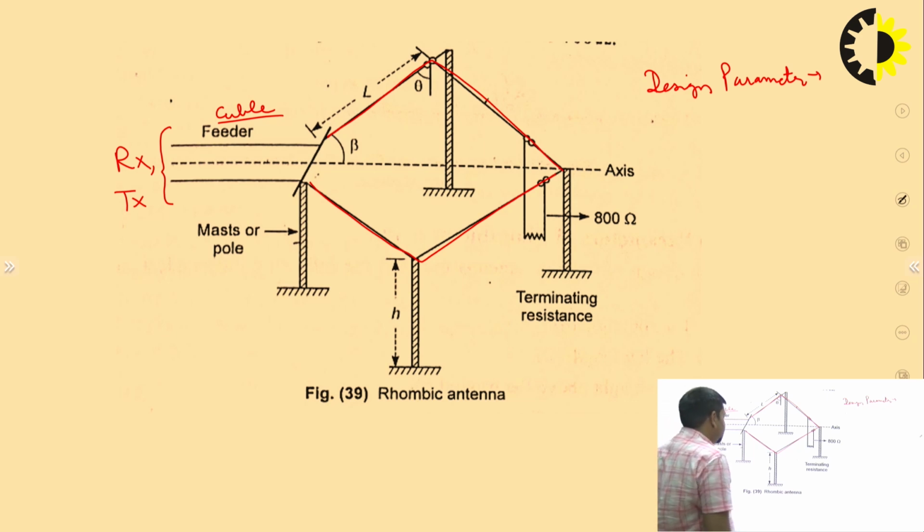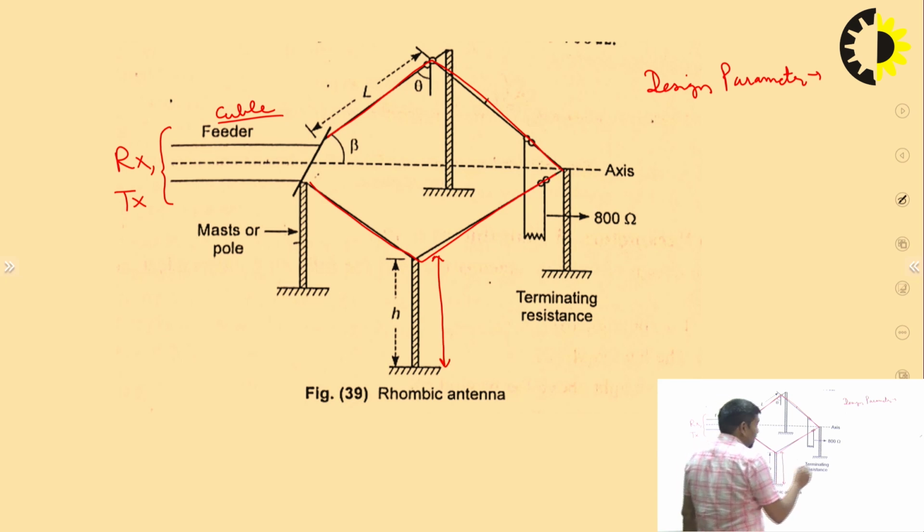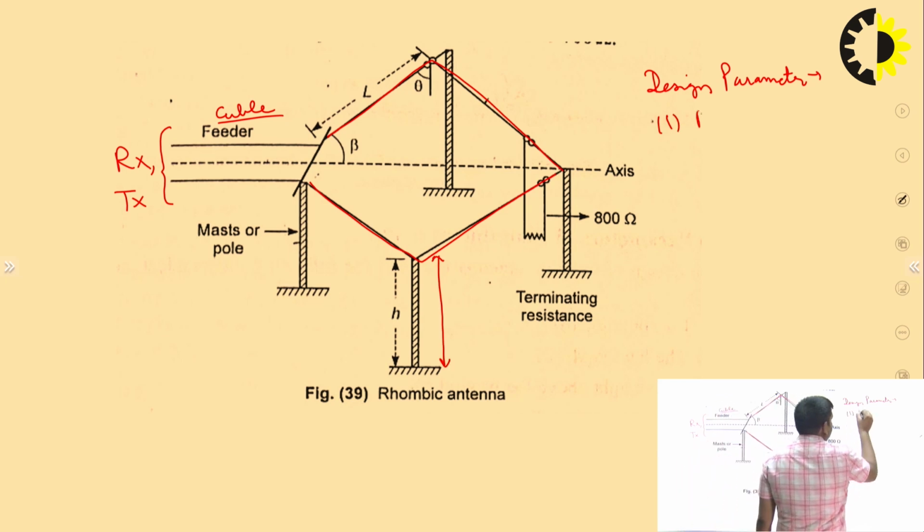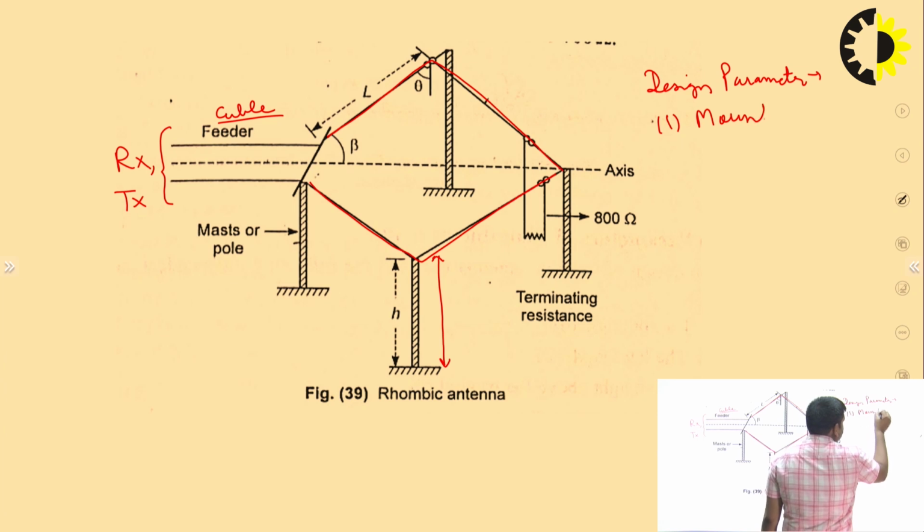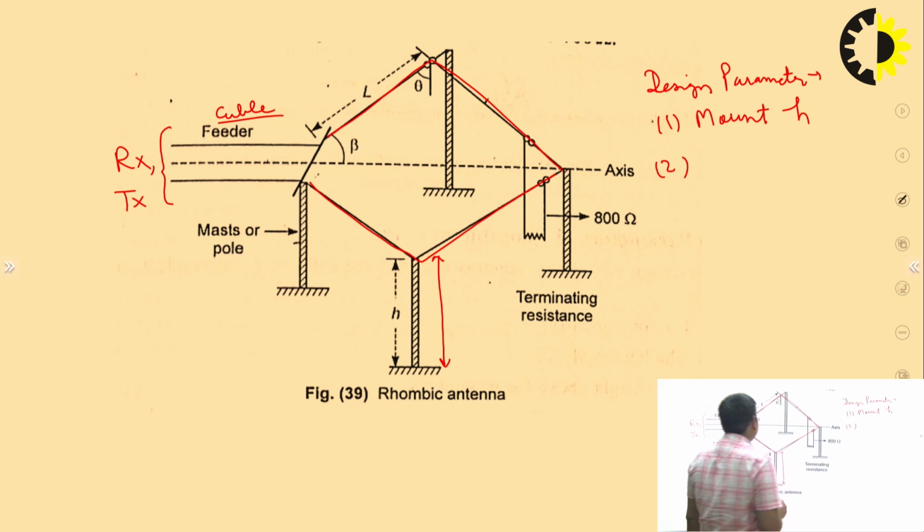First one is the mount height h. Second one is the tilt angle theta.